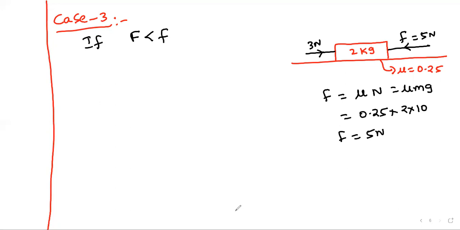Now come to the definition of frictional force: the force which opposes or obstructs the relative motion of an object with respect to the surface.